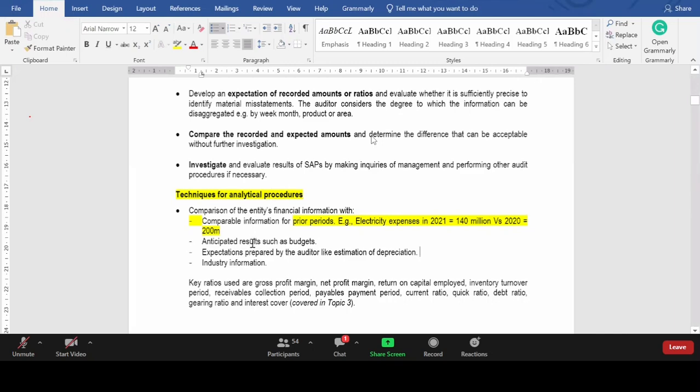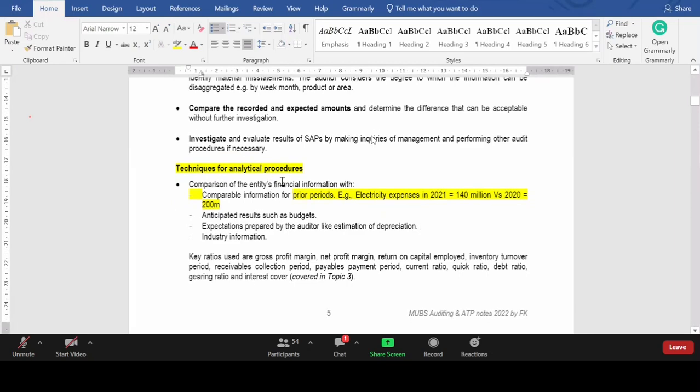You can also compare with industry information. You compare the entity's information with the industrial information. Industrial averages, in financial analysis, you call them industrial averages. What is the best practice in the industry? How are other companies performing? For example, you have MTN.